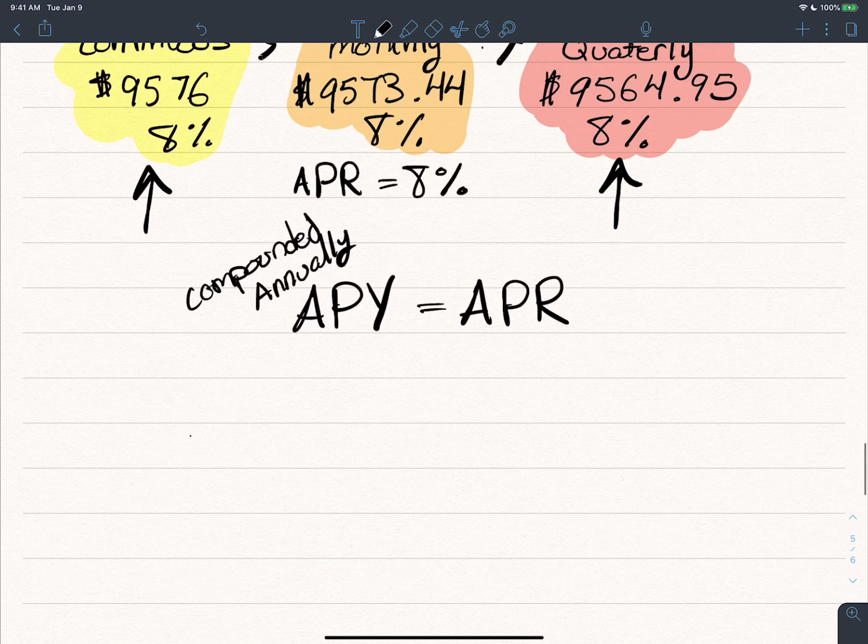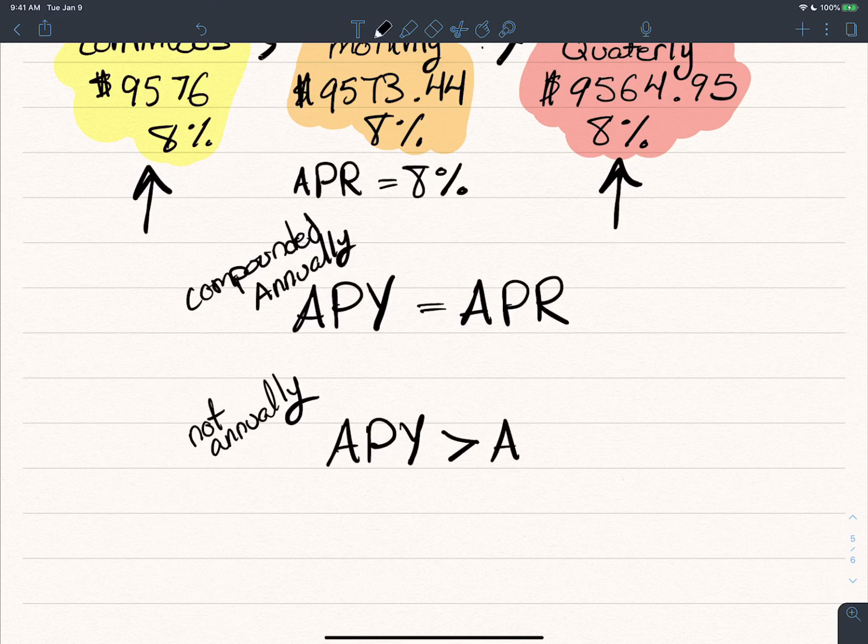But if it's not annual, any other period of time, compounded continuously, compounded monthly, any other period of time, then the APY will be greater than the APR. And again, the APY is the actual interest rate.